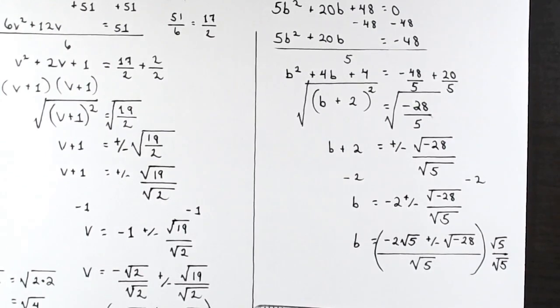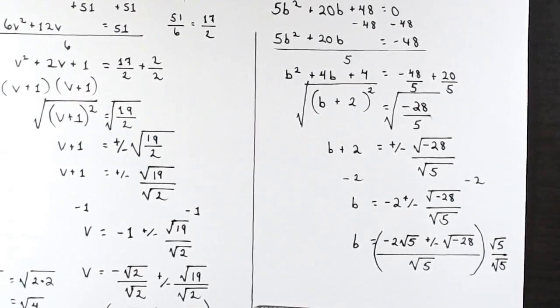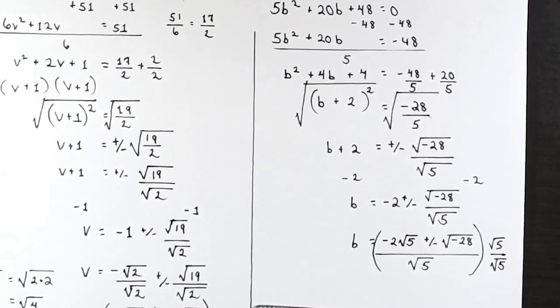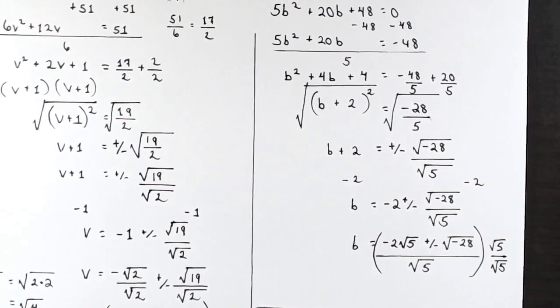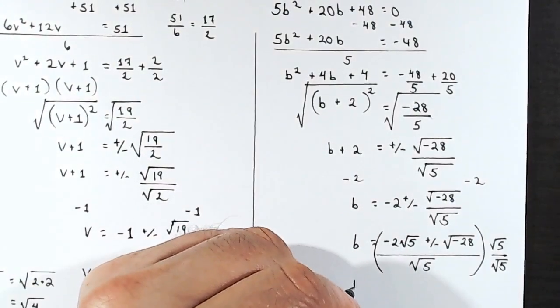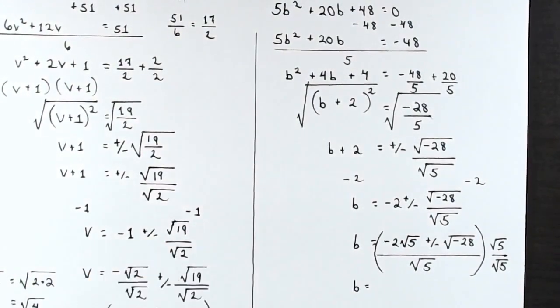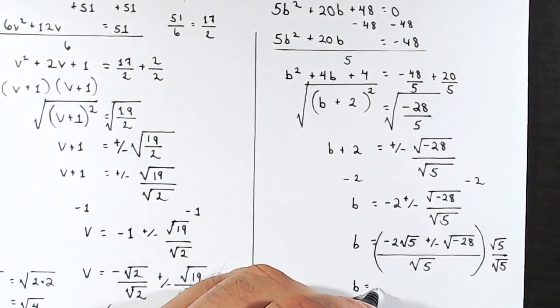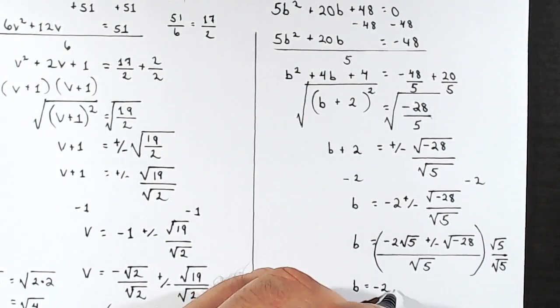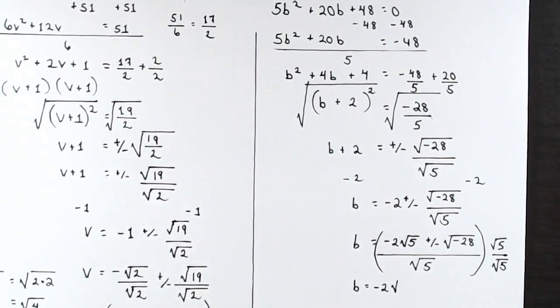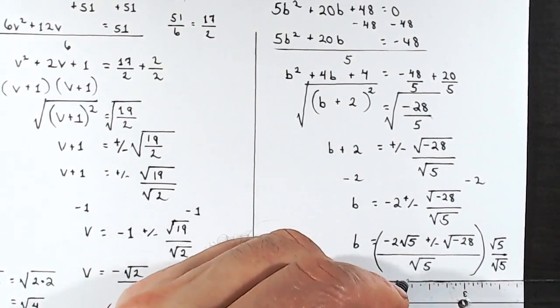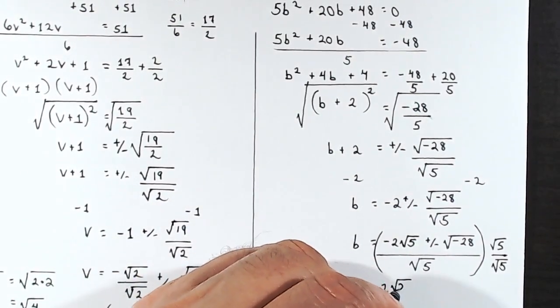Remember, when I multiply two square roots, it's like you're putting both of the radicands, that's the number under the square root, together underneath their own square root. So what this equals, b equals, is negative 2 times the square root of 5 times 5, so I'm going to write it out, square root of 25.